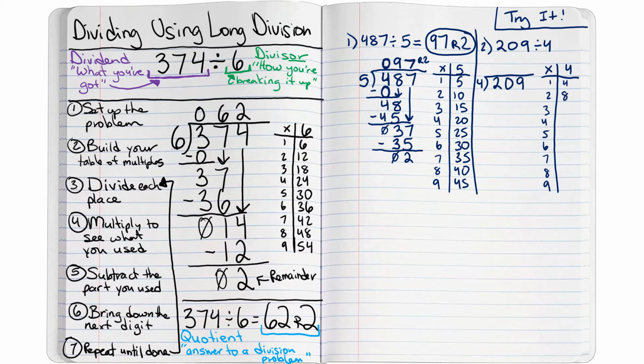Then 4, 8, 12, 16, 20, 24, 28, 32, 36. All right, I built my table of multiples. Now I'm ready to go back and check my notes. I'm going to use that strategy that repeats. I'm going to divide, then multiply, then subtract, then bring it down.